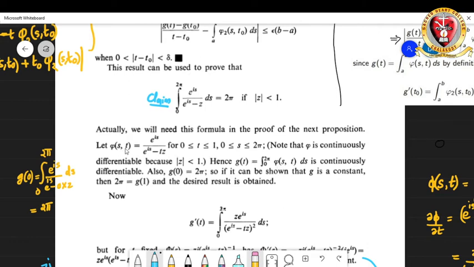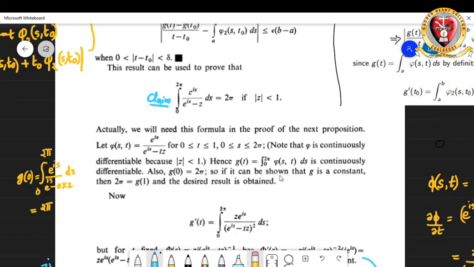What is φ(s,0)? It is e^(is) divided by (e^(is) − 0·z), so that cancels out and you get the integral from 0 to 2π of e^(is)/e^(is) ds. That is nothing but 2π. When you integrate, you get 2π.